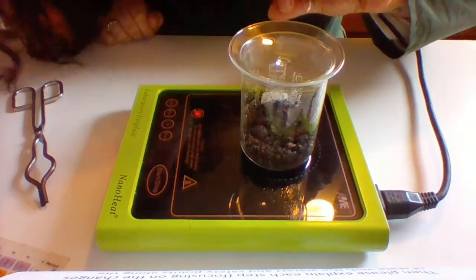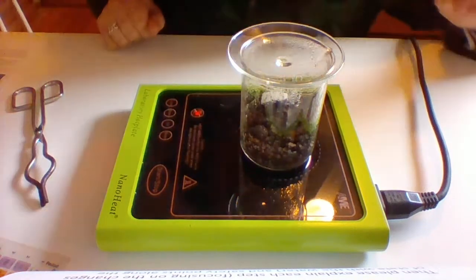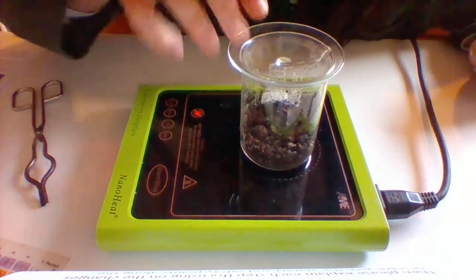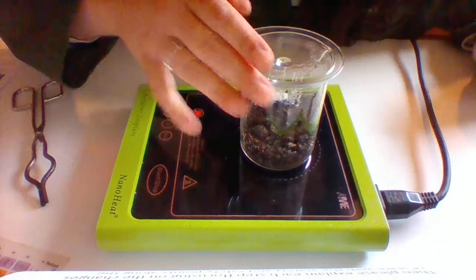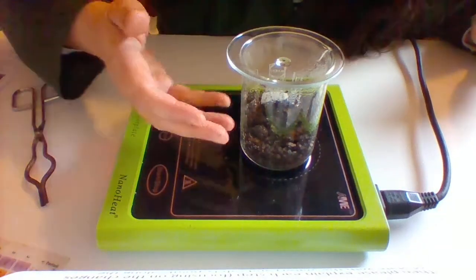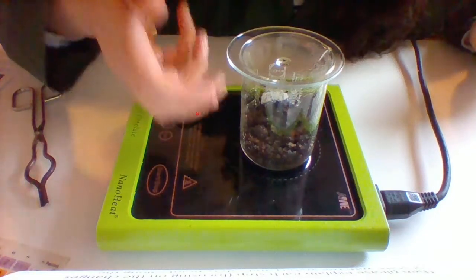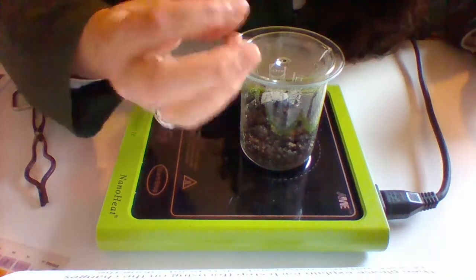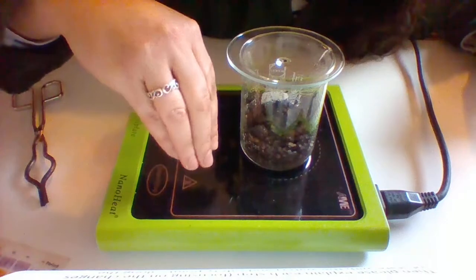So you can see that there's quite a bit of water forming on there. That's a pretty big droplet, and it keeps dripping back and then turning into gas again, rising back up, hitting the watch glass, turning back into liquid, and coming back down again.